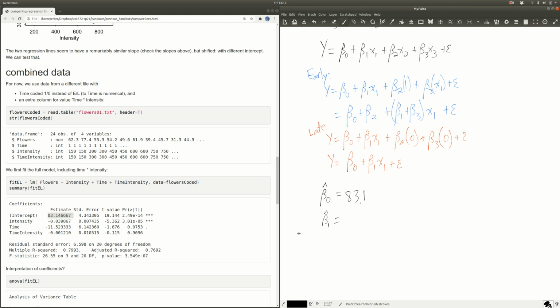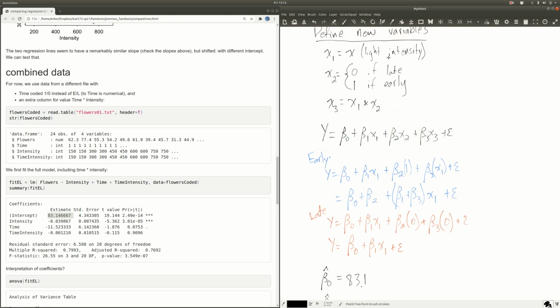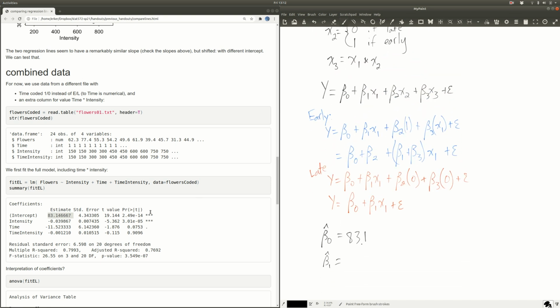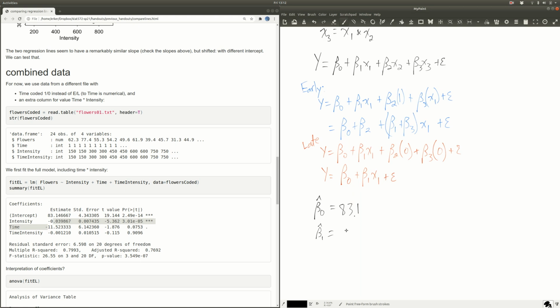What's our estimate for beta 1? So beta 1 hat. Beta 1 was times x1, and x1 was light intensity. So that's this coefficient here. And that is negative 0.039. So we're just going to round again to 4, like we had before.